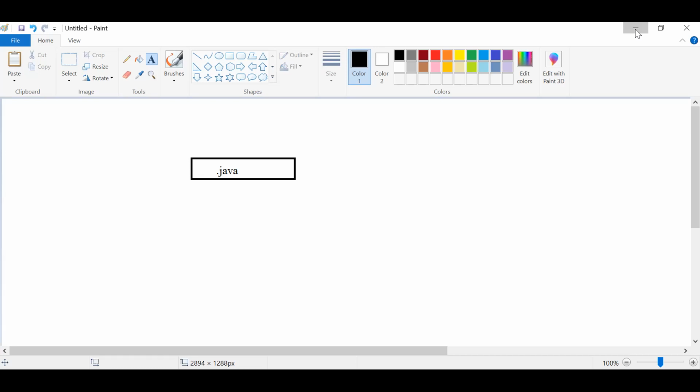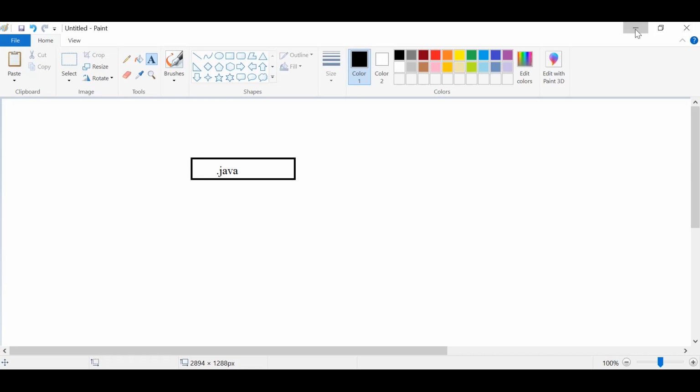See here, how can you convert it to a Java file, in the sense, just Save As, and here you have to use .java. No, that is not necessary to change the save as type. Just you have to save it.